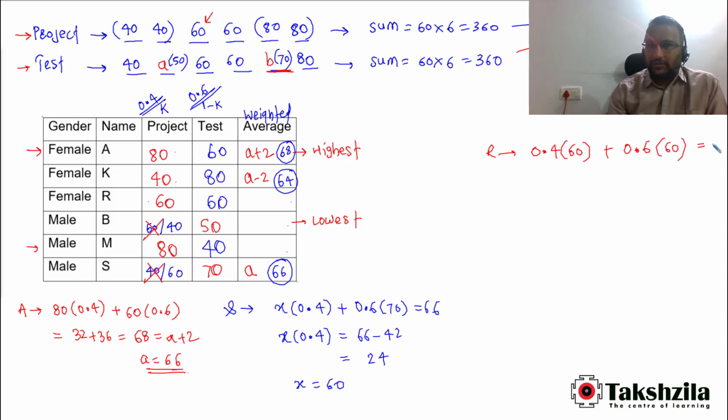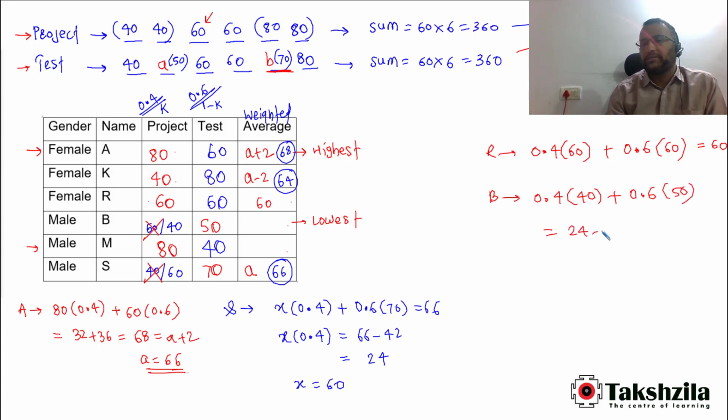That is nothing but 60 itself. The score of B is going to be 0.4 into 40 plus 0.6 into 50. That is equal to 24 plus 30, that is equal to 54, which is lowest.